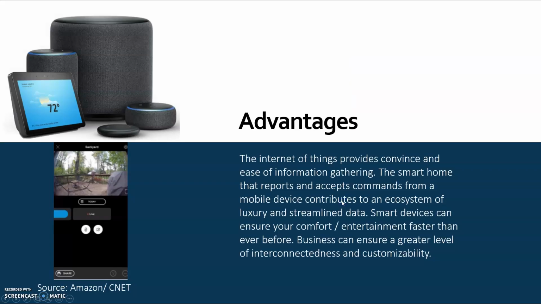Some advantages of the Internet of Things. It's really about ease and entertainment. Some examples here include smart devices that can show the weather, little TV integrations, voice integrations, searching. You've probably seen the advertisements where you can say, "Hey Alexa," and search pretty much anything.